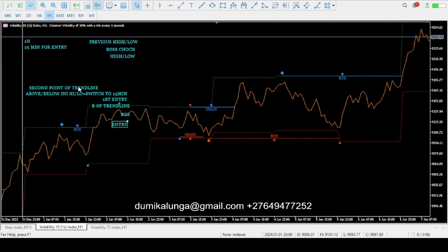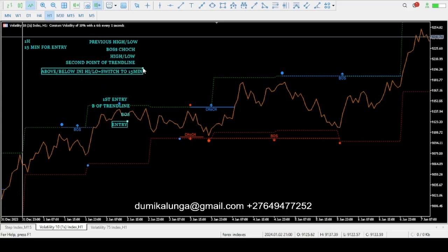Then the second point of going low or going high gives us the trend line, one high and one low. I'm going to demonstrate this in the video, but just get the elements in place first.